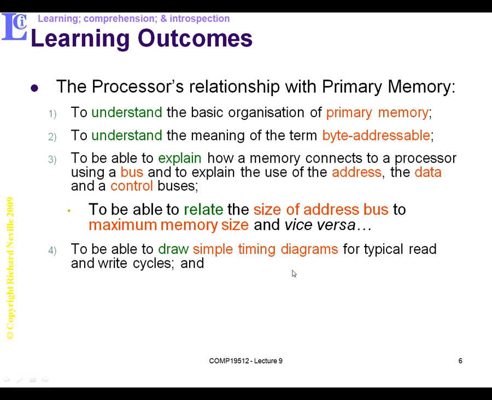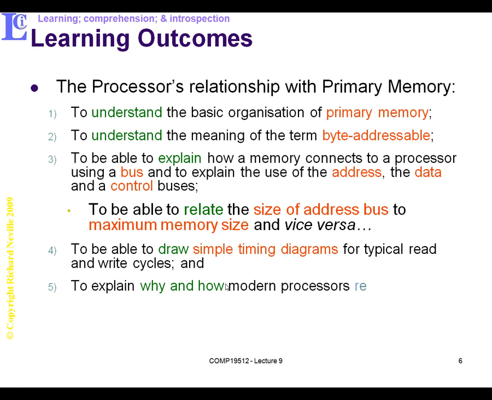We'll look at a simple timing diagram, a 2D XY plot where X may be time and Y, the height above it, will mean a particular level, maybe 0 volts or 5 volts, or high or low. And we'll comprehend this idea of aligning reading and writing to a diagram.